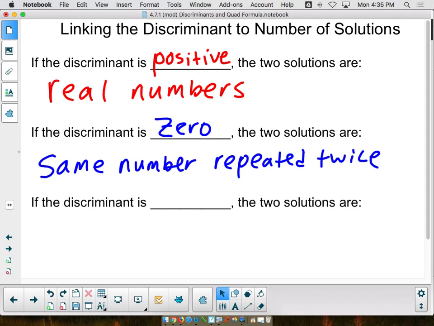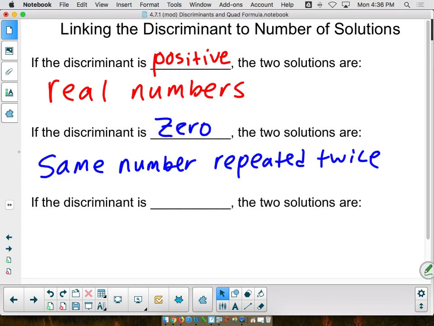Or it could be negative 10 is one solution, and the other solution is negative 10 again. So we'll look at what happens. But for right now, just understand that if the discriminant is 0, we're going to have the same solution repeated twice.